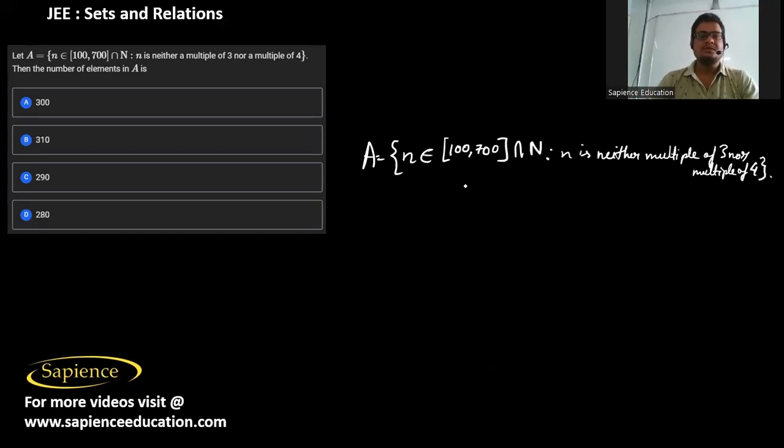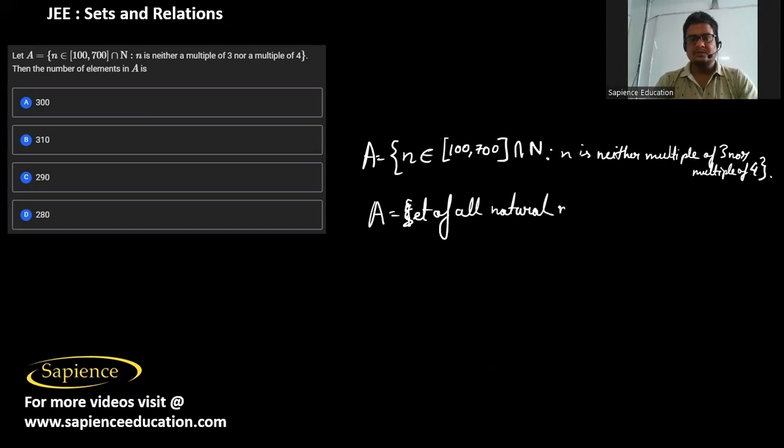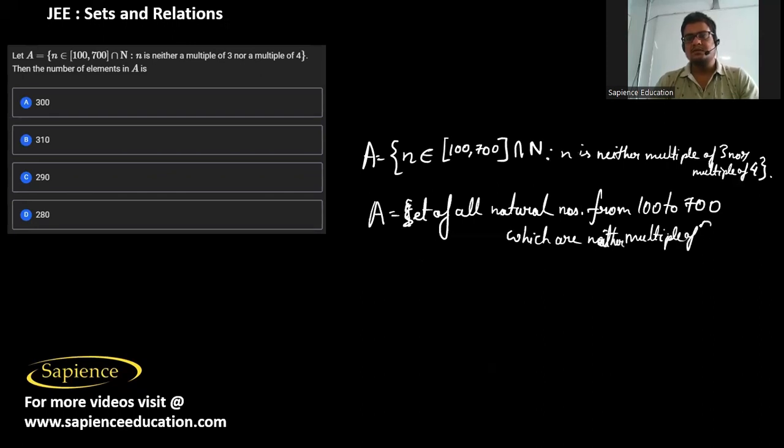Then the number of elements in the set A is, so A is what? A is the set of all natural numbers from 100 to 700 which are neither multiples of 3 nor multiples of 4.